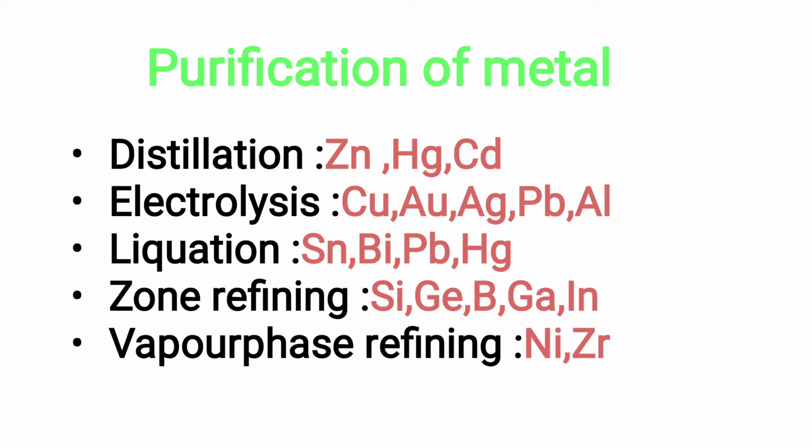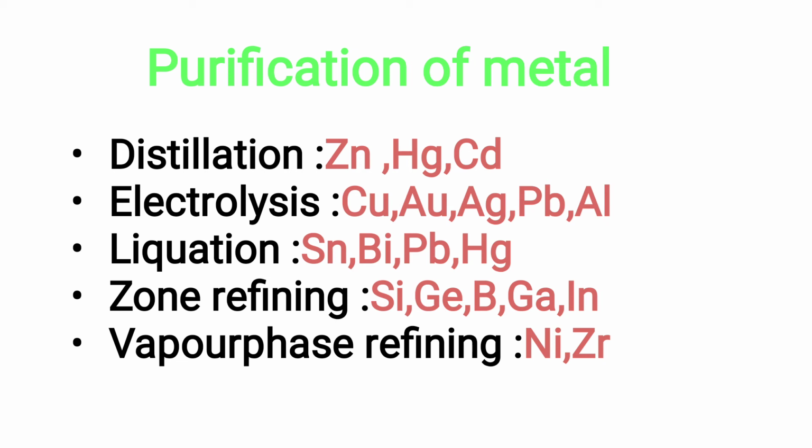In liquefaction, the impure metal can be made to flow on a sloping surface and thus separated from higher melting impurities. It is mainly used for the purification of tin, bismuth, lead, mercury, etc. In zone refining, metals of high purity are obtained. It is based on the fact that impurities are more soluble in the melt than in pure metal.